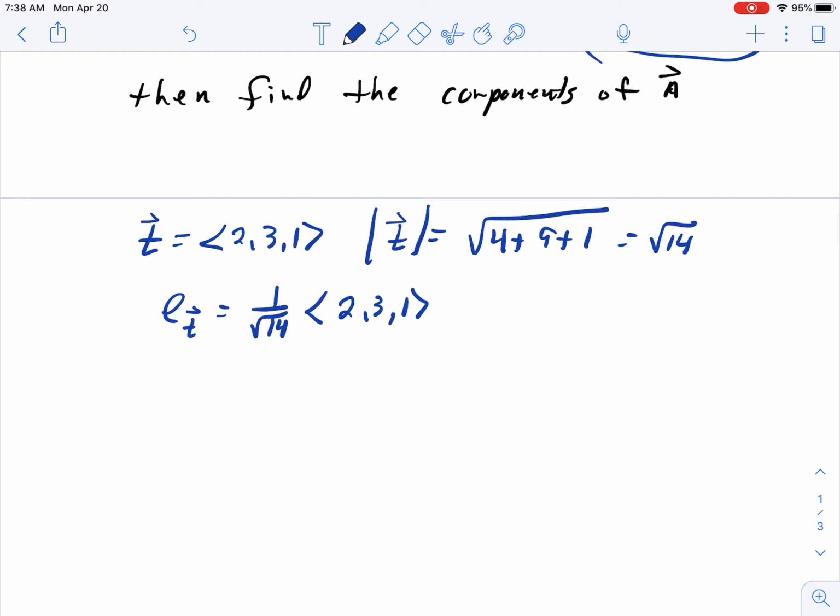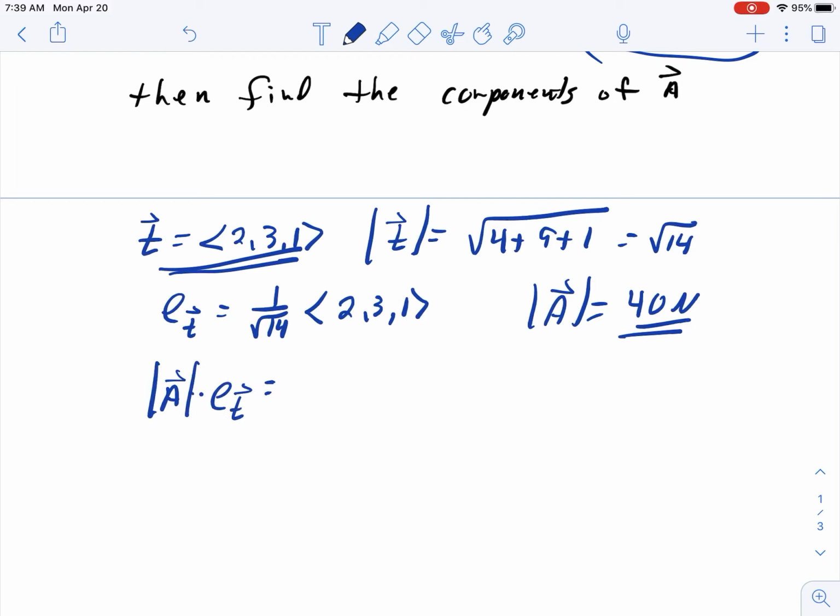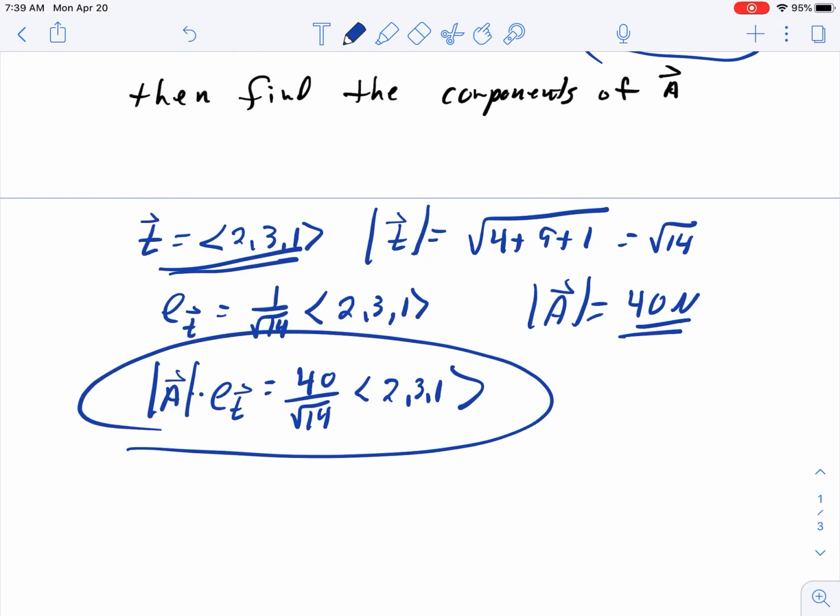So if I want a new length of this, and it says magnitude of A, with the magnitude of A being 40 newtons, and I want to go with the same direction as this, all you have to do then is multiply the magnitude of A times the unit vector of T, so that'd be 40 over root 14 of 2, 3, 1. And there you have it.